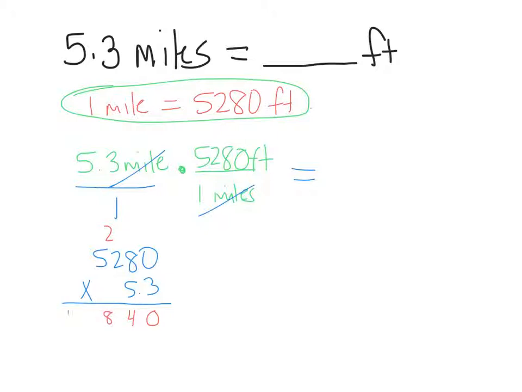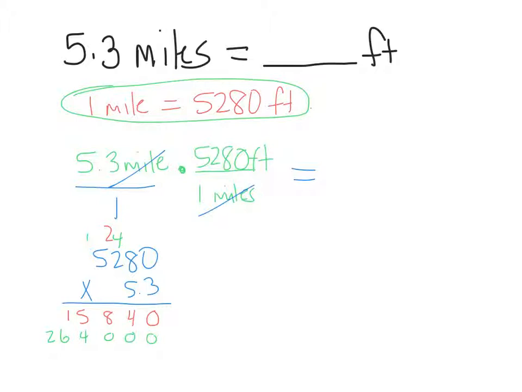And 3 times 5 is 15. Now I'm going to put a 0 to hold the place. 5 times 0 is 0. 5 times 8 is 40, carry the 4. 5 times 2 is 10, plus 4 is 14, carry the 1. 5 times 5 is 25, plus 1 is 26.